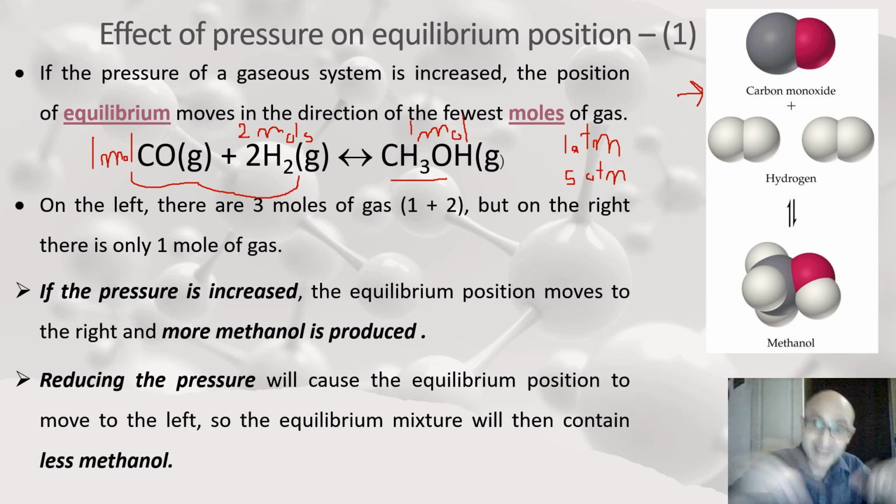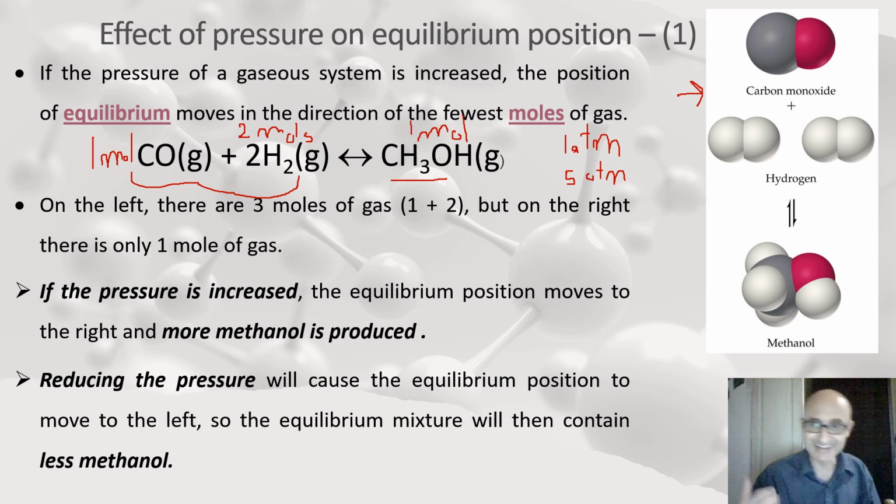So decreasing the number of particles is what the reaction does in order to counteract, to go against, to oppose your pressure increase. In other words, the equilibrium shifts forward, more of the products are made than when compared to the condition of 1 atmosphere, when there was a lower pressure.